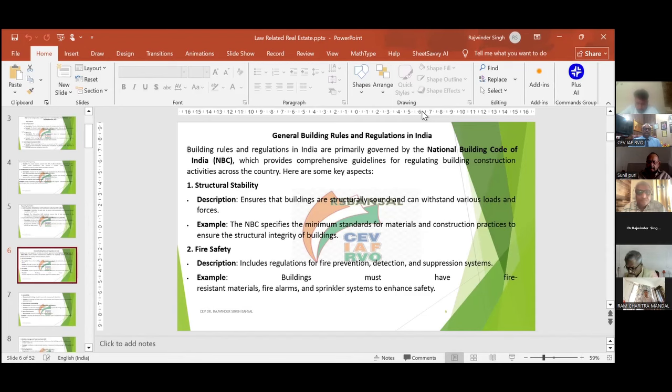So structural stability. Your National Building Code specifies minimum standards for materials and construction practices to ensure the structural integrity of the building.